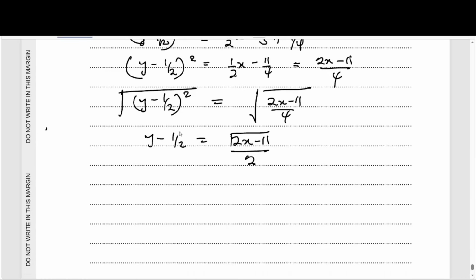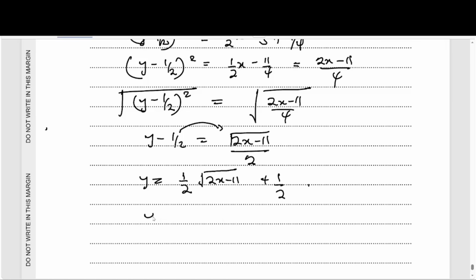Next, we add 1 over 2 to both sides. So that's y is equal to half root of 2x minus 11, and then plus another half. If you like, you can decide to factor out the half, but this is also enough.